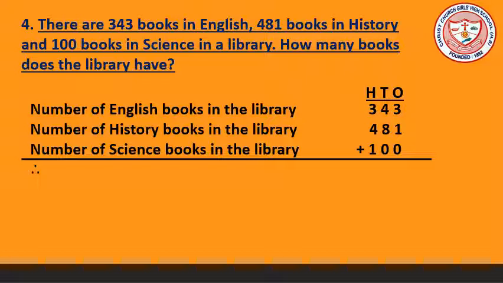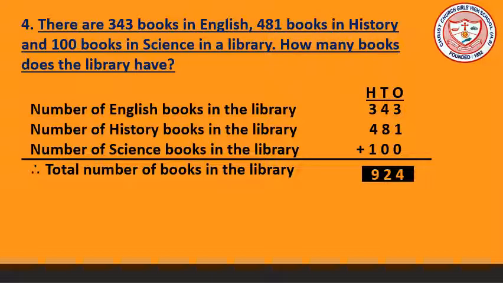So we are going to add these numbers. So the fourth line will be, therefore, total number of books in the library. And then the final answer will be 924. So children, you can see that here we have 4 sentences to write.